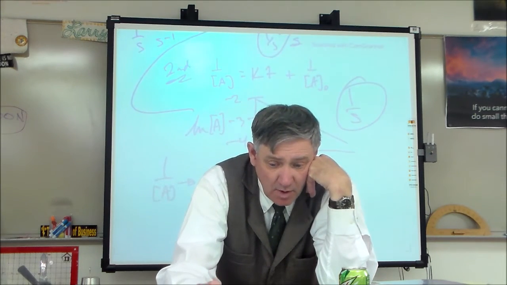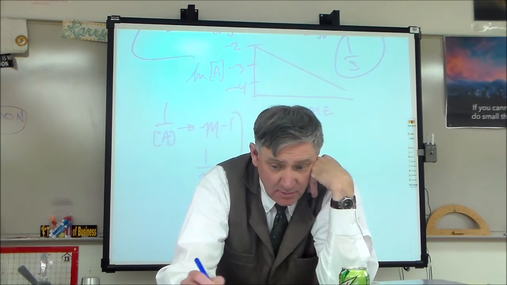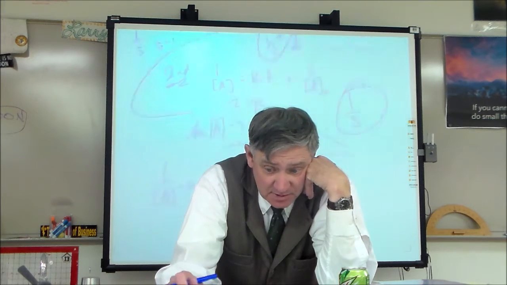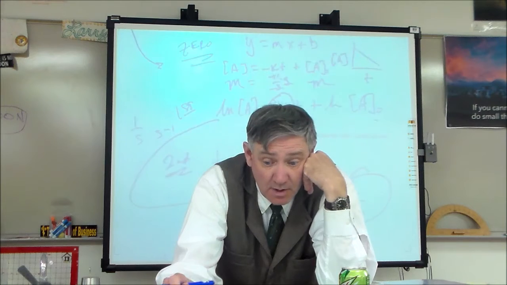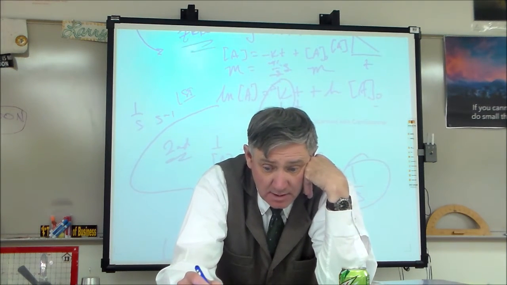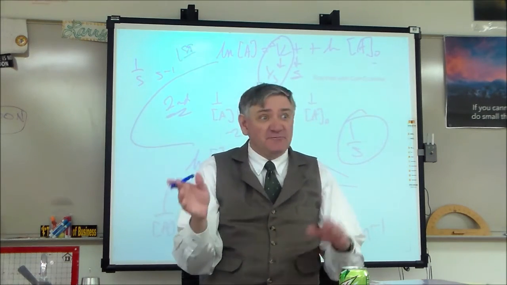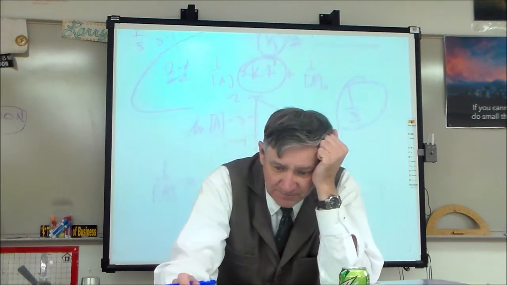If you look at the units, I've got 1 over molarity, or M to the negative 1, and then I take 1 over my initial concentration, which is also M to the negative 1. That means this value here, this kT, has to produce units of 1 over molarity.